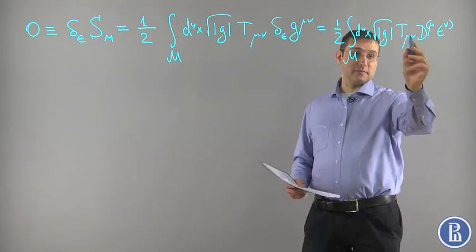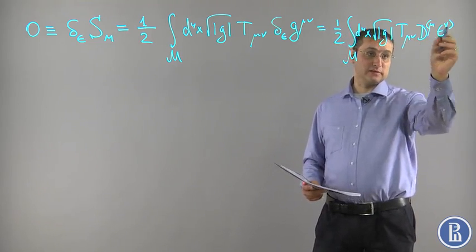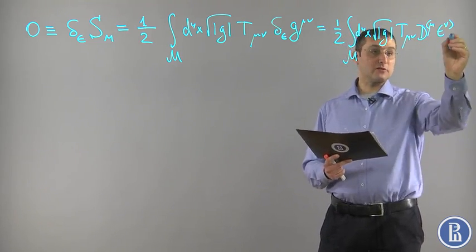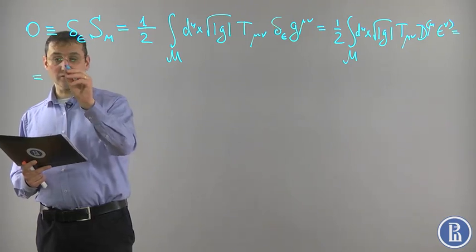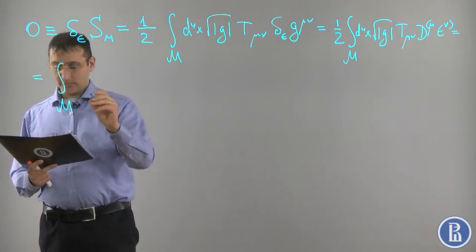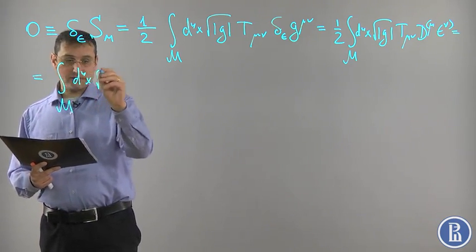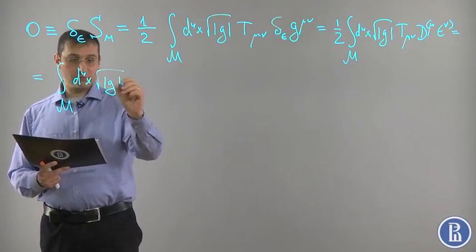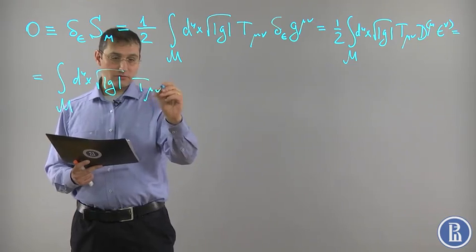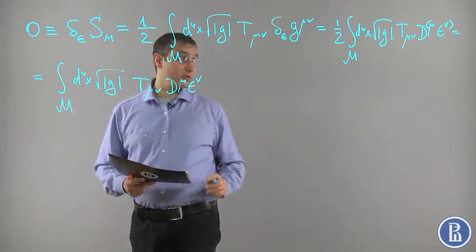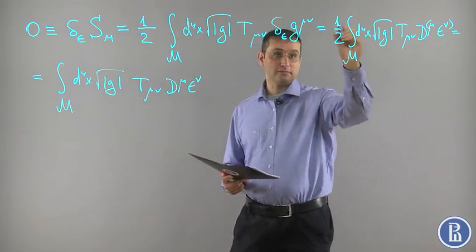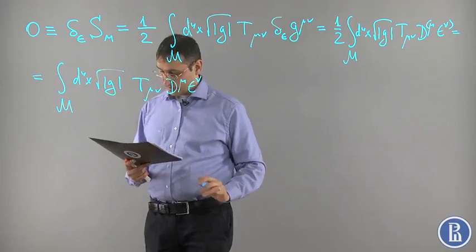Because t mu nu is symmetric under the exchange of indices, and this is symmetrized, we have that this is equal to the integral d4x square root of g t mu nu times d mu epsilon nu, without 1/2 and no symmetrization.